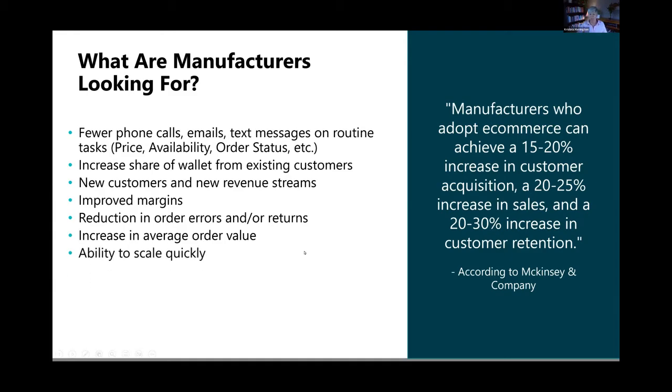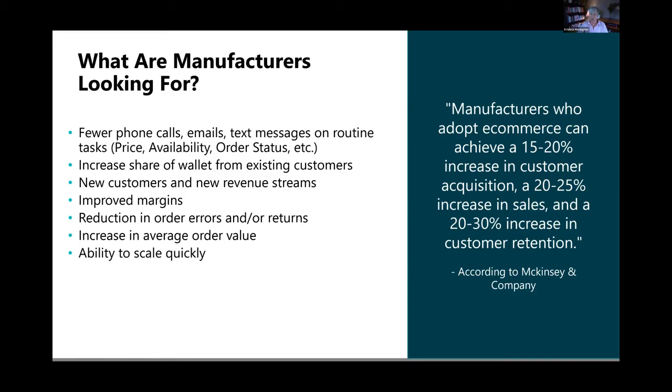You want the ability to scale quickly. We see this as a huge opportunity with the OEMs that we work with. It's not uncommon for an OEM that is interested in moving online to say that in the next 3 to 5 years, they want to grow their aftermarket business by 30 to 50%. Well, in the past, when you wanted to grow your business 30 to 50%, it required additional people to do that.